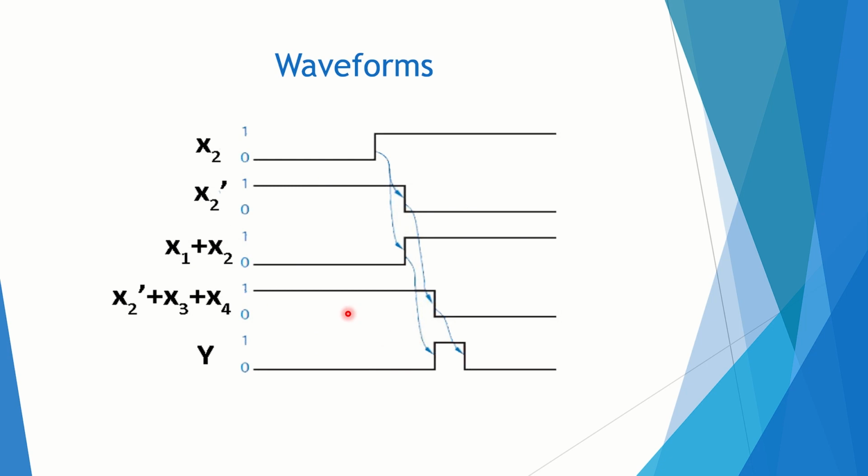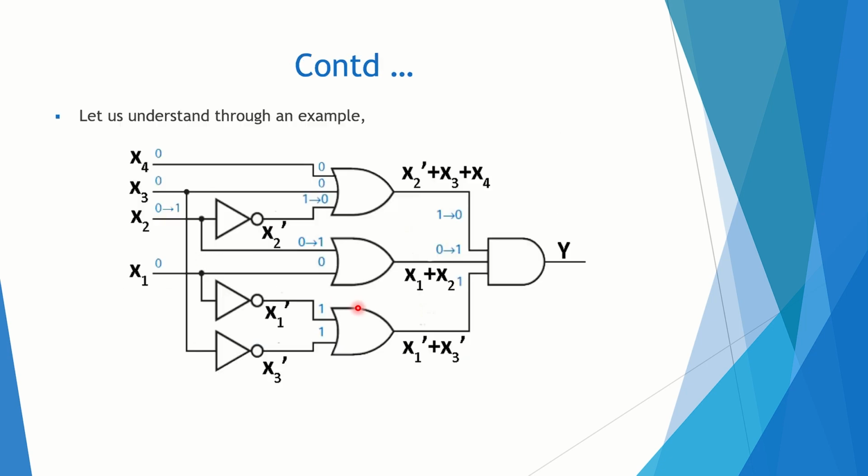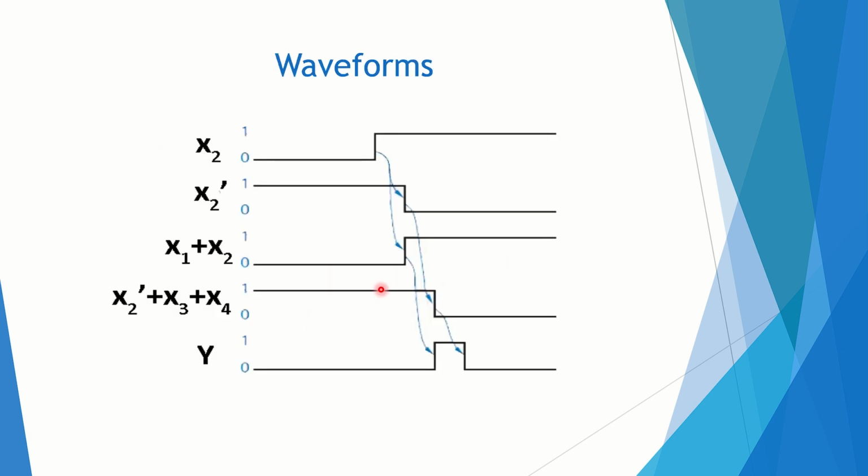Okay. So of these 3 terms, x1 plus x2 and x1 bar plus x3 bar stay at 1, so there is no issue there. This is only one changing. So y is the AND operation of these terms. So you can see here, when these AND operations come, there's a little space here to make a 1 at the output. So that is shown here.